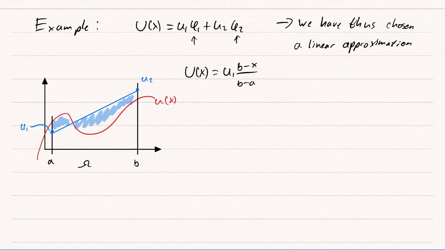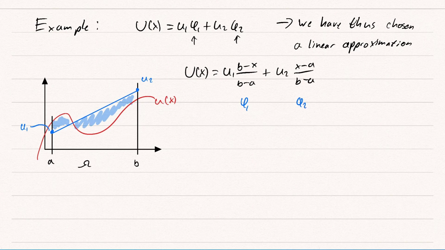Then plus u2 times x minus a over b minus a. This is phi 1 and this is phi 2.